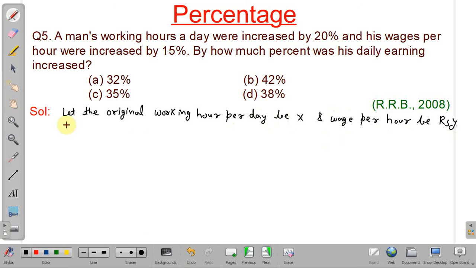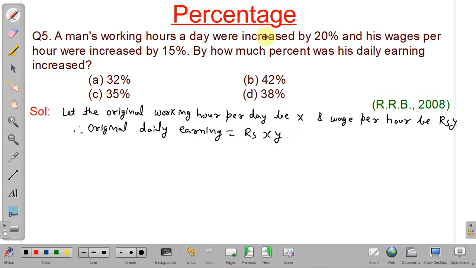So what will the original daily earning be? Therefore original daily earning will be equal to the number of working hours per day into wage per hour. So it will be equal to rupees x into y.